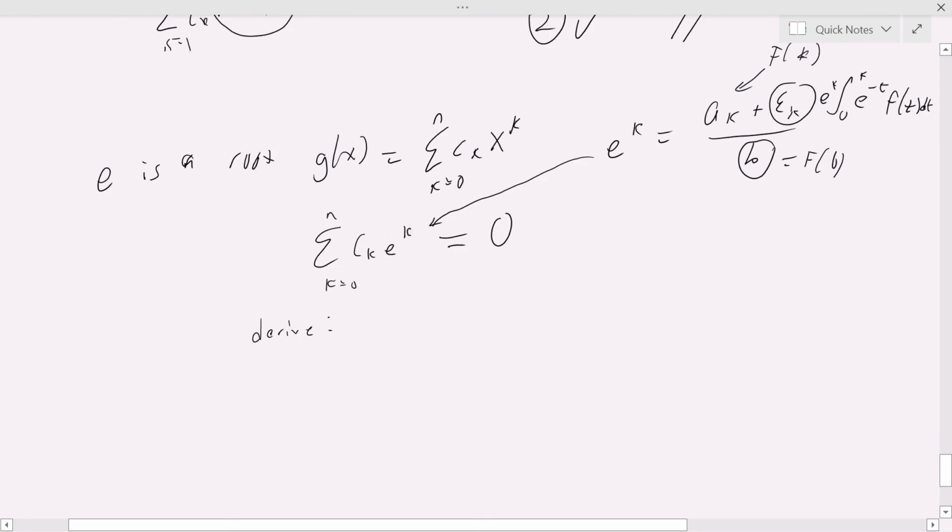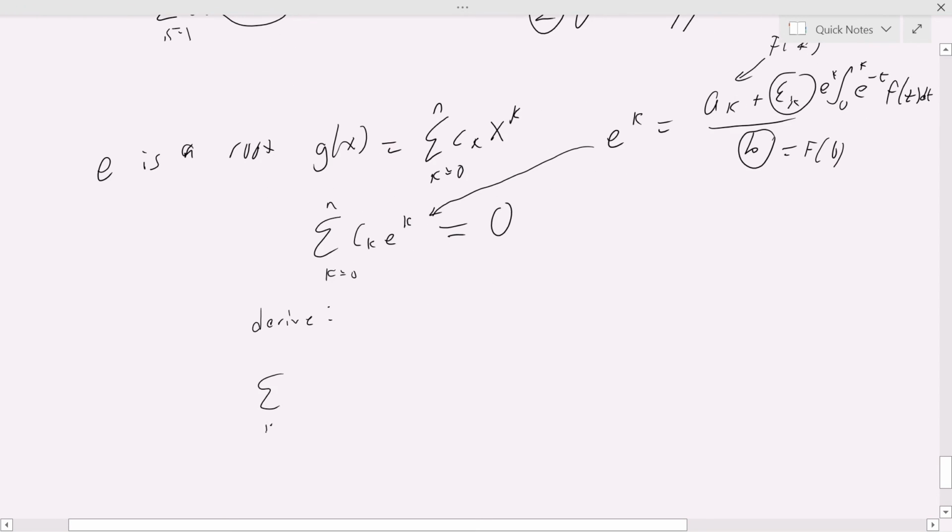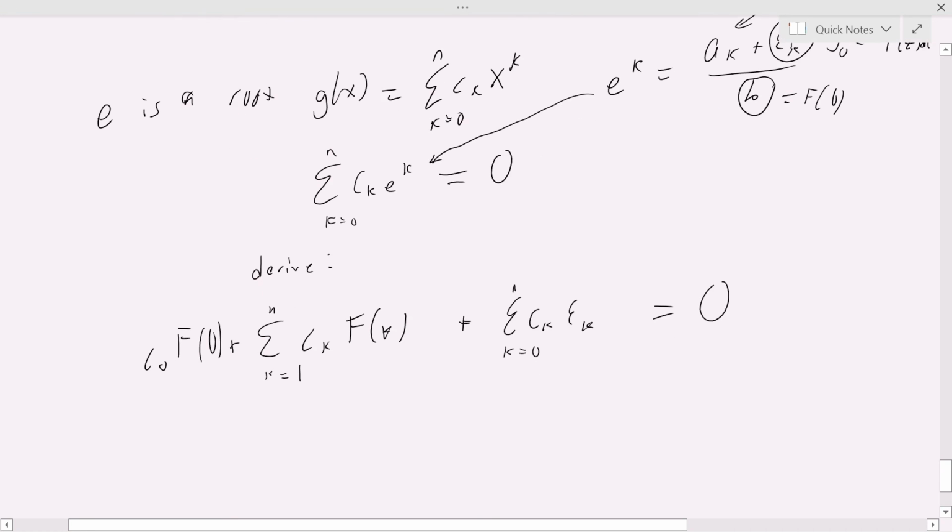So we derived that the sum k equals 1 to n of c_k F of k, and then plus initially c_0 F of 0, and then also plus the errors, the sum k equals 0 to n of c_k epsilon_k, all that together had to be 0. But what we've done is that in item 1, we showed that this term was some integer which was not a multiple of p.